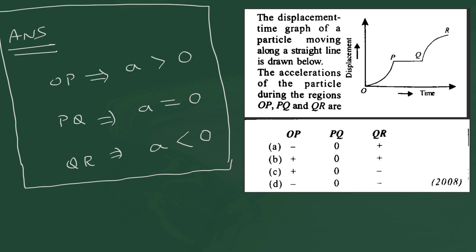So let us see. In the region OP, A is greater than 0, that is greater than 0, equal to 0, and less than 0. So option C is the correct one, right? You can verify which is the correct one. Can you see that there is a positive here, 0 here, and then the negative there. So this is the correct answer.